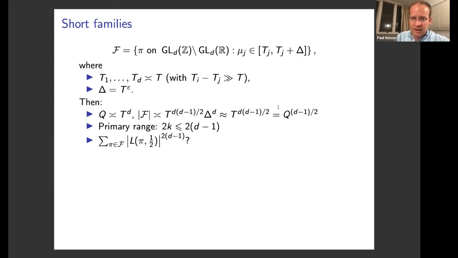I haven't displayed exactly how you'd enlarge the family, but there is some natural enlargement that would have the same size even without this condition. And the results I'm about to describe will be valid without that condition for those enlarged families. So in all cases of a family of size as indicated, the primary range will now be up to twice the quantity D−1.